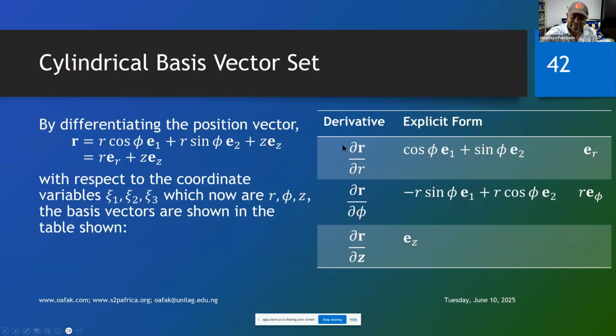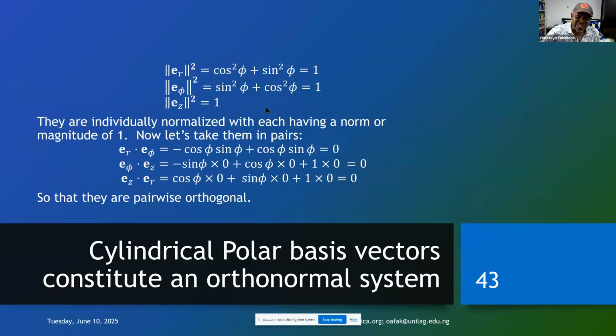You can now check the magnitudes of e_R, e_phi, and e_Z. The magnitude of e_R is simply 1, the magnitude of e_phi is simply 1, and the magnitude of e_Z is simply 1. So they are individually normalized, each having a norm of 1. Let us now take them in pairs. The dot product of e_R and e_phi is 0. The dot product of e_phi and e_Z is 0.